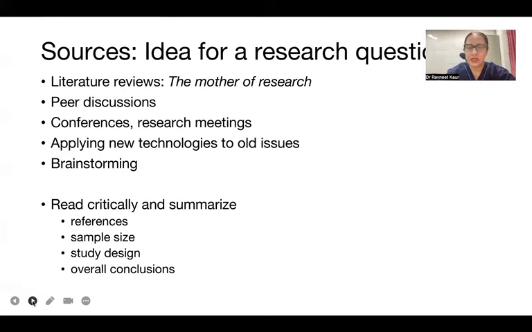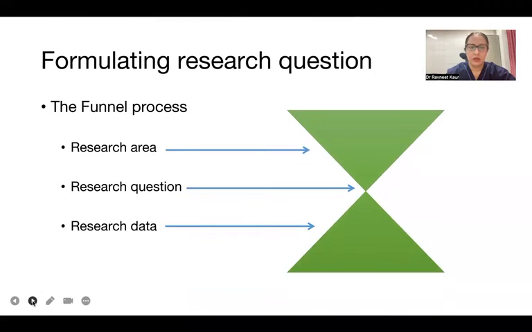You read it critically and summarize it. You check out their references, the sample size, the study design, and what conclusions were given in the study. There are vast areas for research, and there is a lot of data that is available that is eventually converted into a research question.